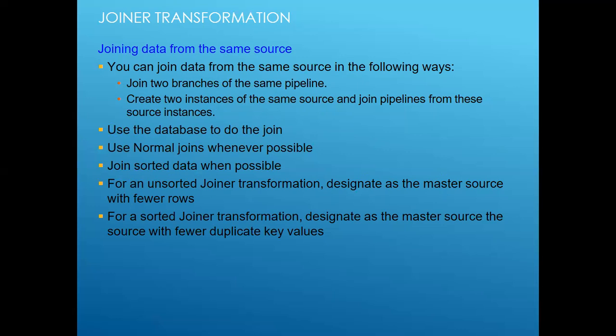You don't need to use a joiner. But if you have a flat file and a database, then definitely you need to go for a joiner. In the joiner transformation also you need to sort the data properly, and the master source should always be the one with fewer records because the cache will be created on the master source. So you need to remember this fact.